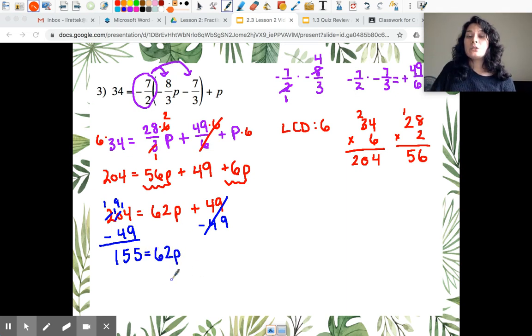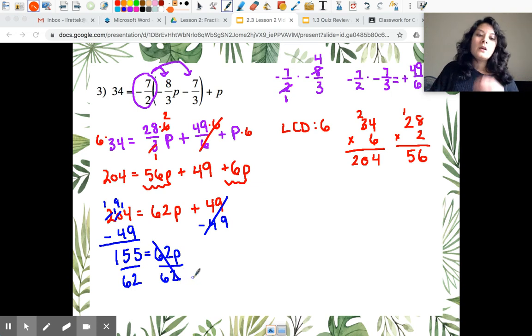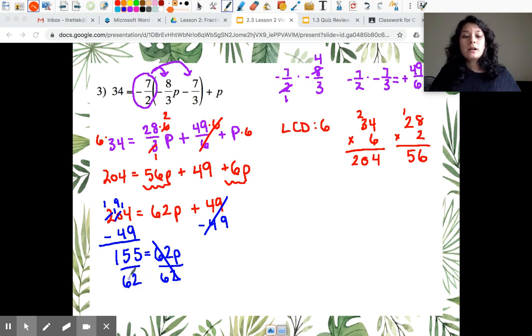And last step is to multiply or divide by the coefficient. Here, this number is touching, which means multiplication, so we want to divide. Okay, so this might be a little tricky to reduce. I may have to sit and think about this for a second. 155 is not even, so unfortunately I can't divide by 2. 1 plus 5 is 6. 6 plus 5 is 11, so that's not divisible by 3, so I can't divide by 3.